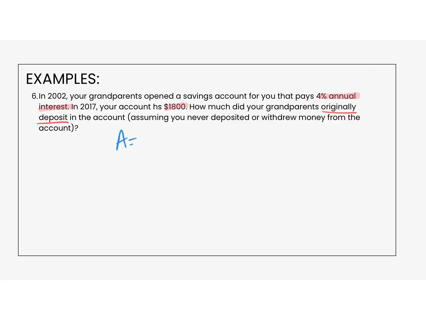So A equals P times 1 plus r over n to the nt. Again, I'm using this one because it is an interest problem. So I know that my ending amount is 1,800. I don't know my principal. I don't know what I'm starting with.